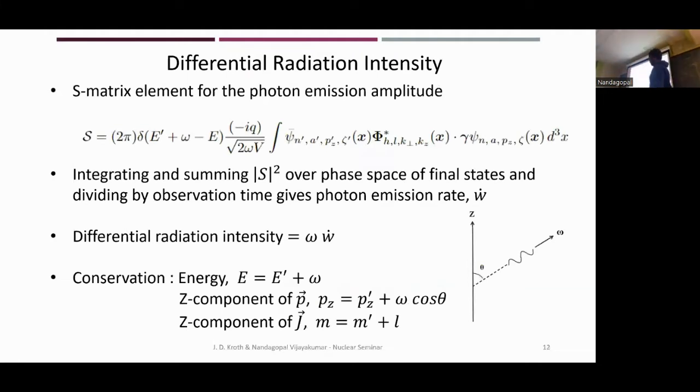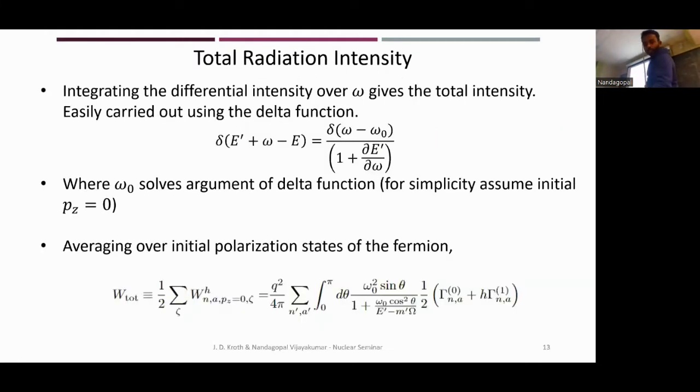Everything in this integral just boils down to what we have here in terms of gamma. And we can see here that we still have a sum over the final state quantum numbers n prime and a prime, and an integral over the emission angle of the photon. This is as far as we can go analytically. To move forward, we need to use numerical techniques, which JD will explain shortly.